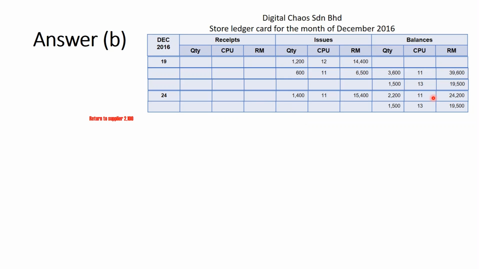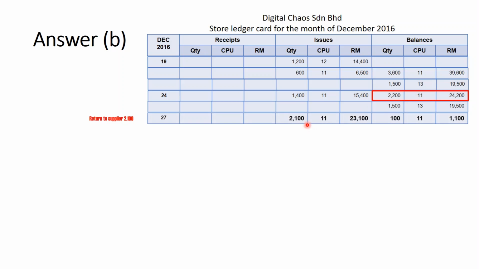Return to supplier is 2,100 from the stock at RM11 cost per unit. So 2,100 goes in the issues column because it is a stock out. 2,100 multiplied by 11, and then we get the balance, because this batch we have 2,200 of stock minus 2,100 of stock that we return to the supplier.